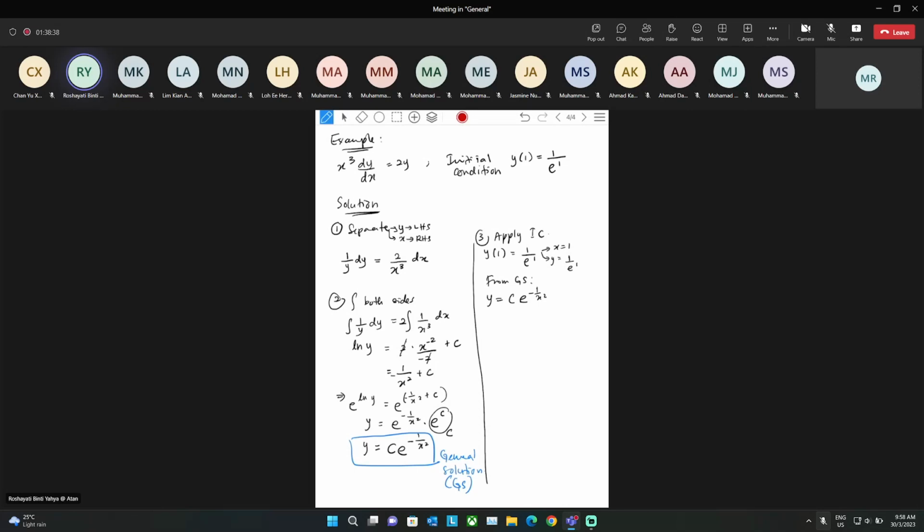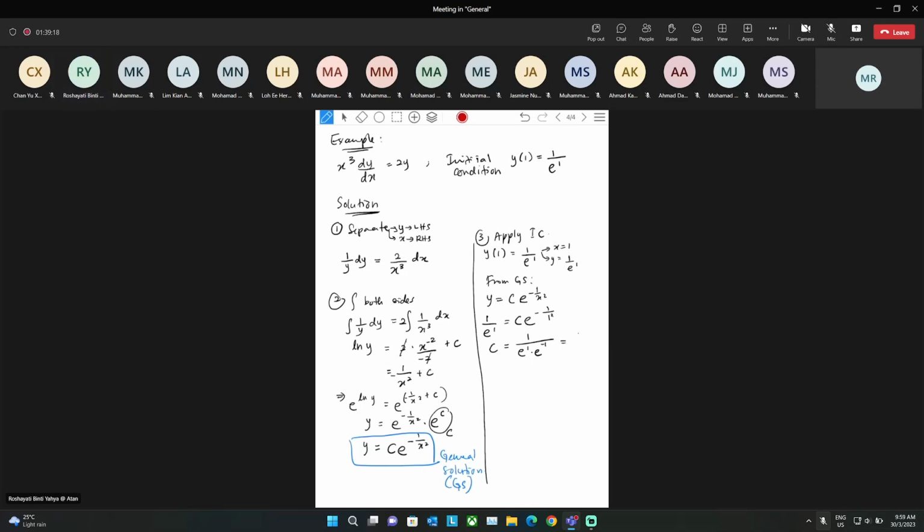So 1 over exponential 1 equal to c exponential negative 1 over 1 squared. Right? So here c equal to 1 over exponential 1 multiplied by exponential 1. This is not 12, it is 1 to the power of 2.